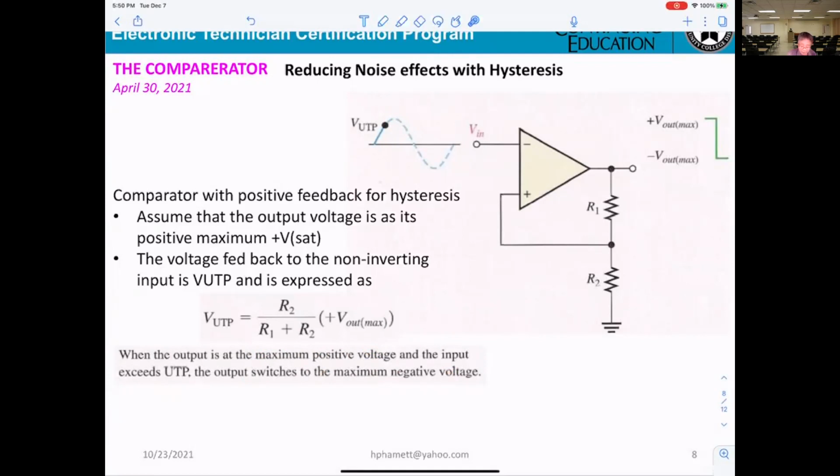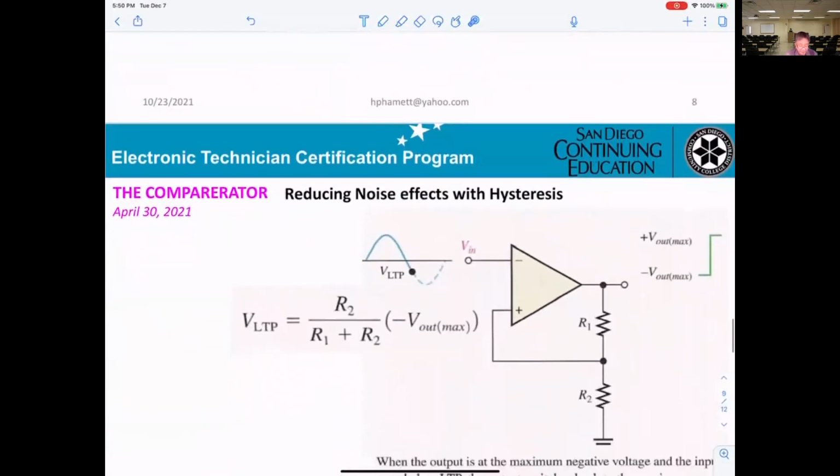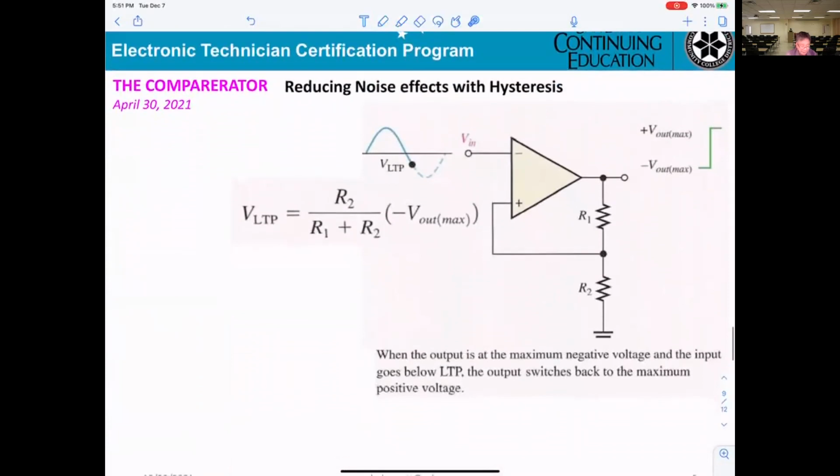Automatically, it goes to the negative saturation. Now, when it goes into negative saturation, they calculate the lower trigger. Same thing: equal to minus V out saturation times R2 divided by R1 plus R2.